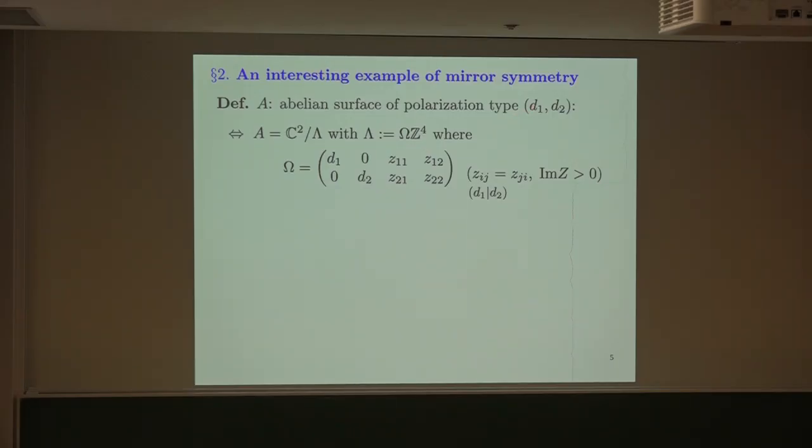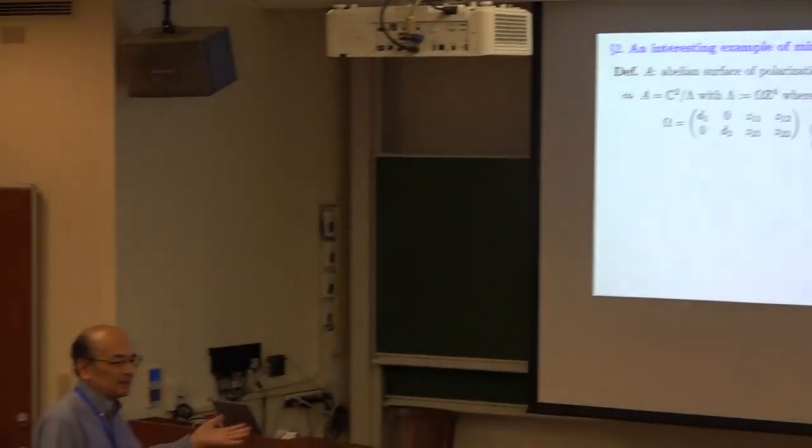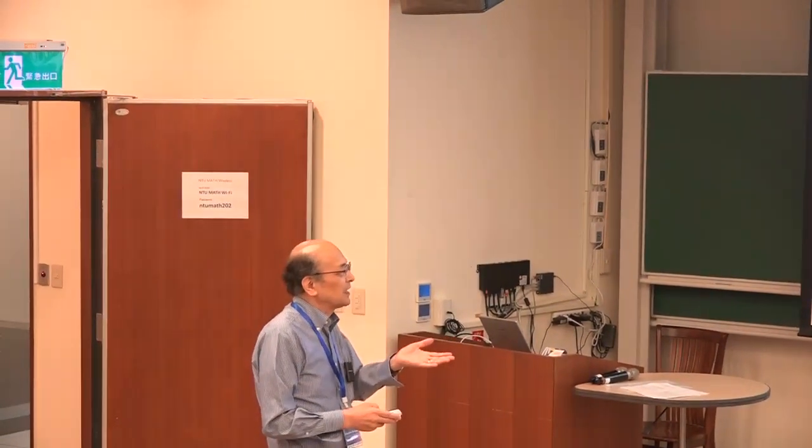Just like an elliptic curve, the moduli space is a curve, but to get a nice moduli space over which we have a universal family, people naturally come to the level structure. The same thing happens here.